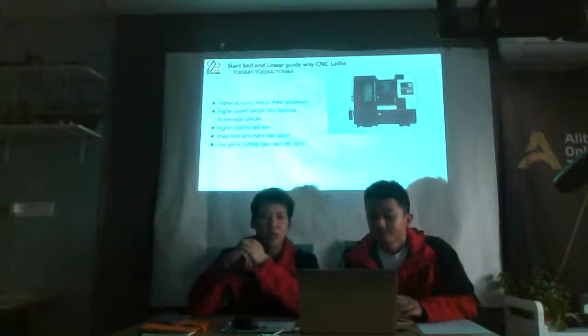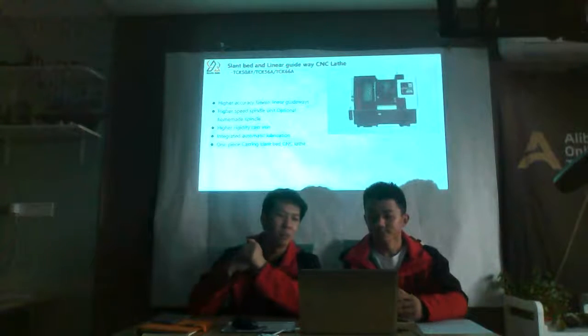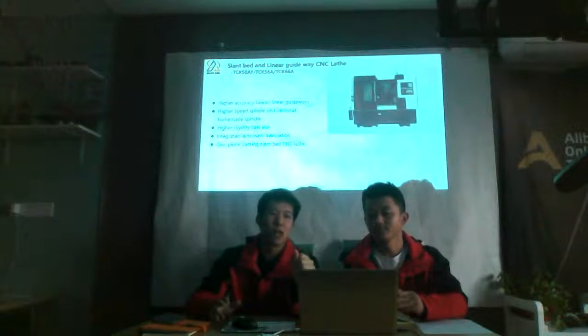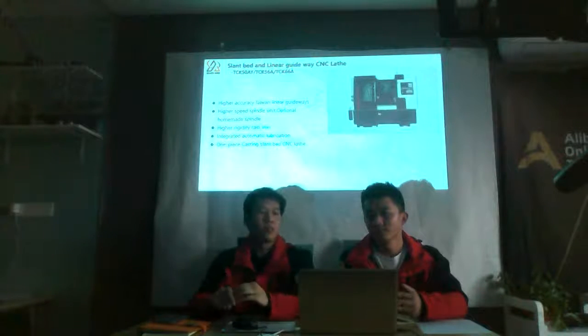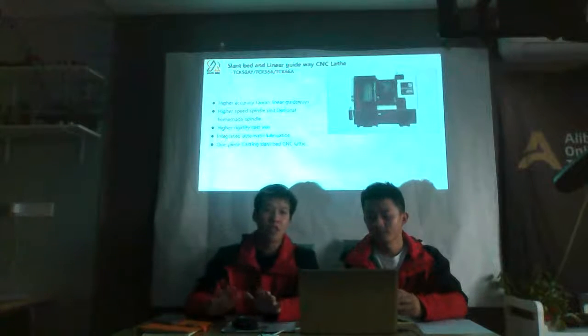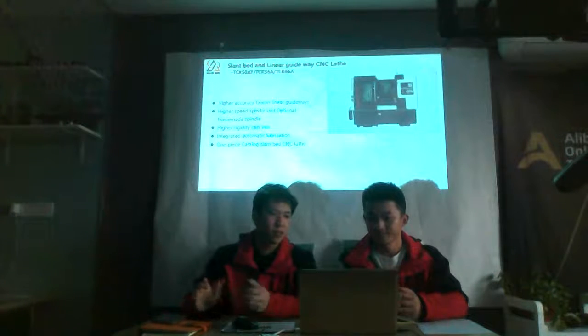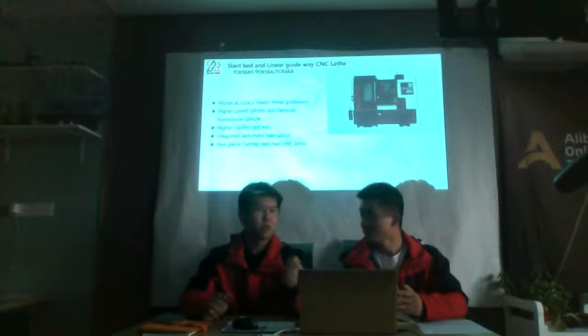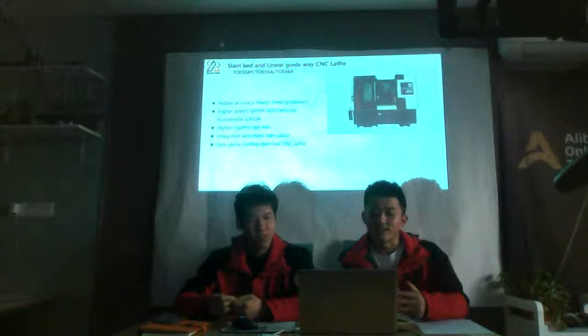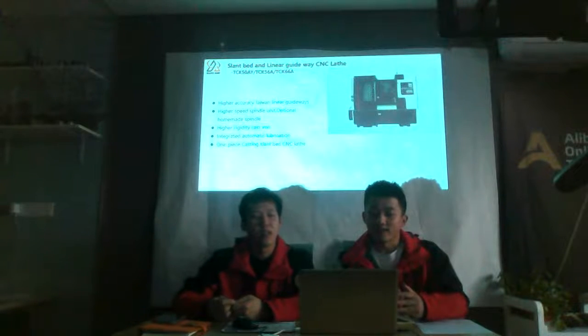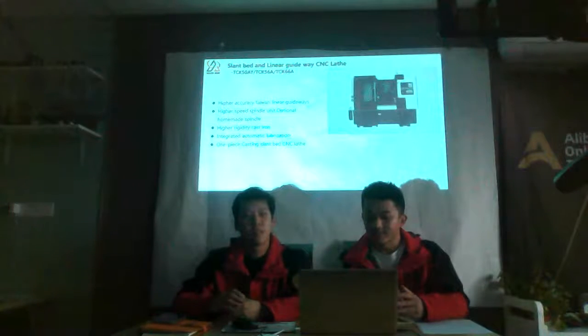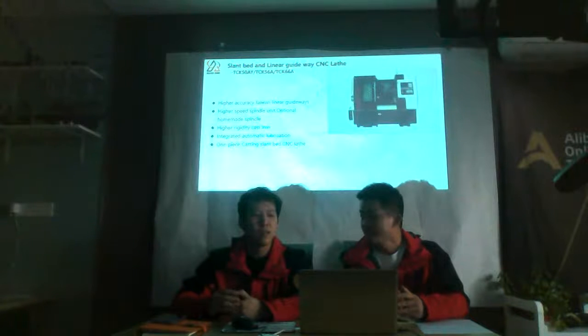As you can see, these are the three models we listed above. There are some design features for this type of lathe machine. Do you want to tell them? Yes. The first is that our machine has a higher accuracy Taiwan linear guide way.